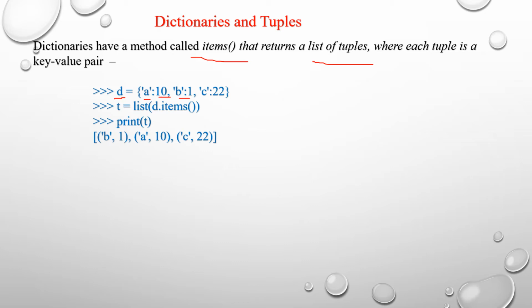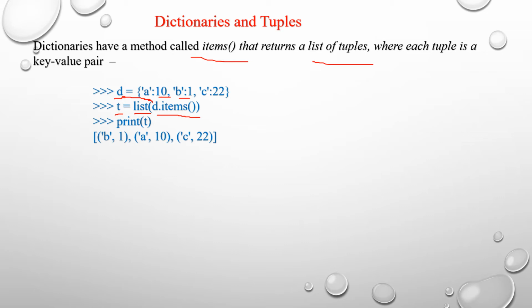Here I am going to convert this dictionary into a list of tuples. Let's say t is my variable name, equal to list of, and here I am passing the parameter. d is my dictionary name, d dot, I invoke the built-in method items.